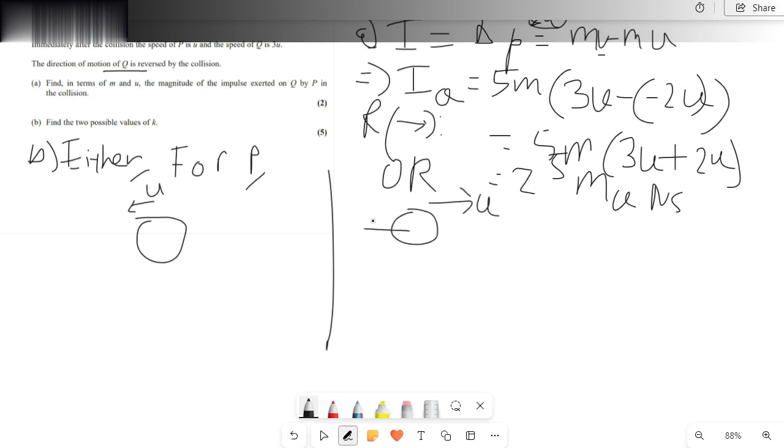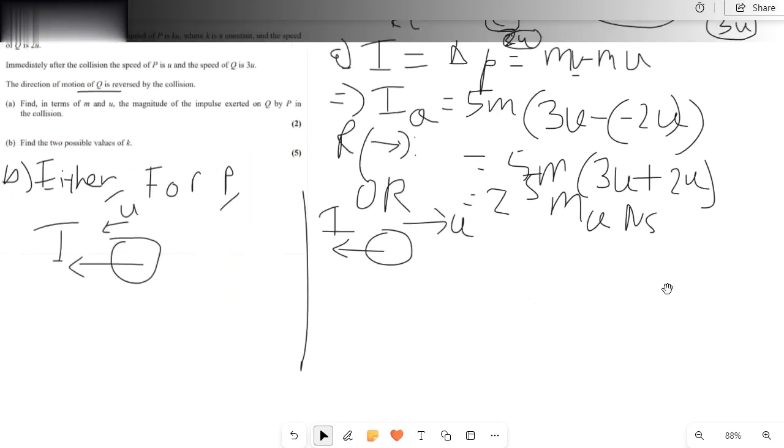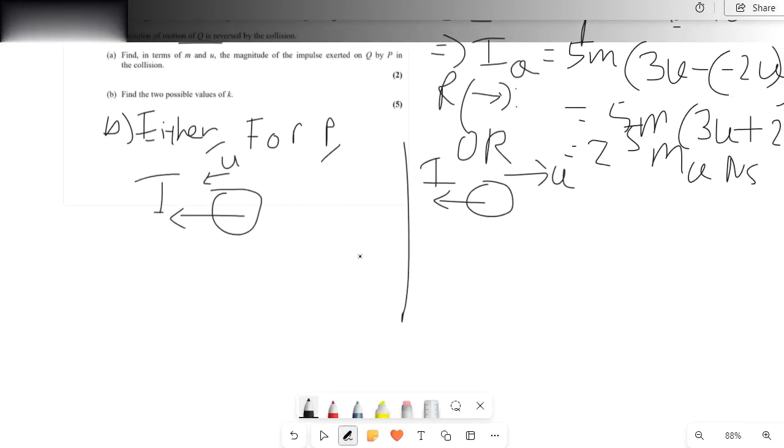And as usual, this is the impulse and this is the impulse as shown before here. And we know the impulse is 25mu.